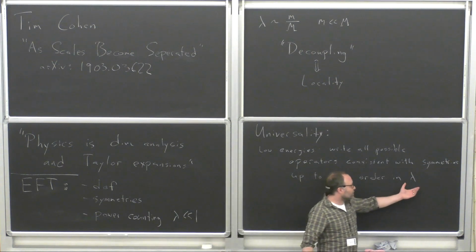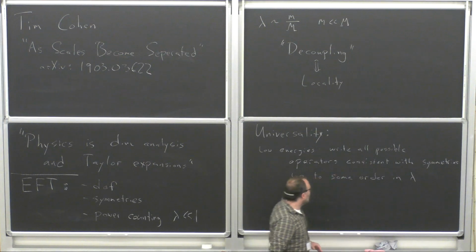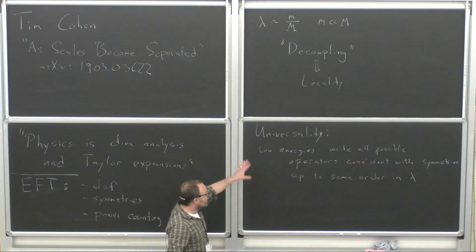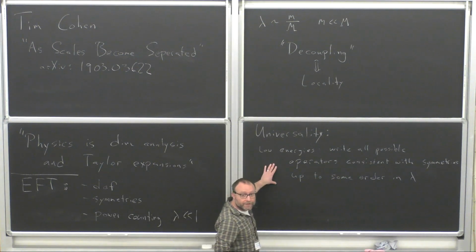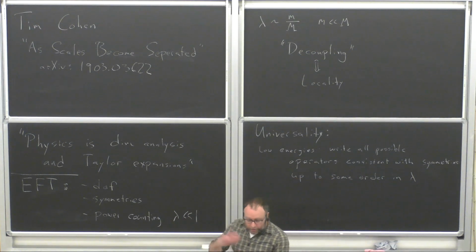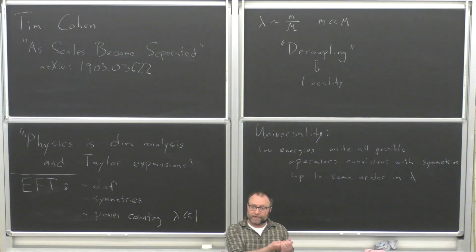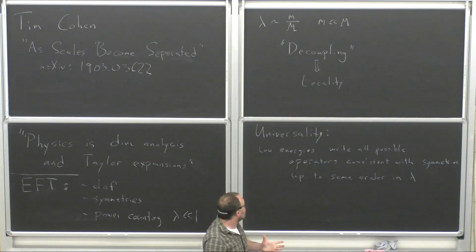Mass dimension in this case is tracking the power counting. So this idea that we write all possible operators up to some dimension, and then the number of coefficients tell us the number of experimental observables we need to fix in order to start making predictions. That's this idea of universality.